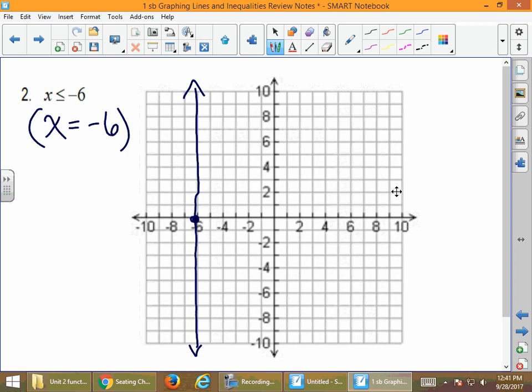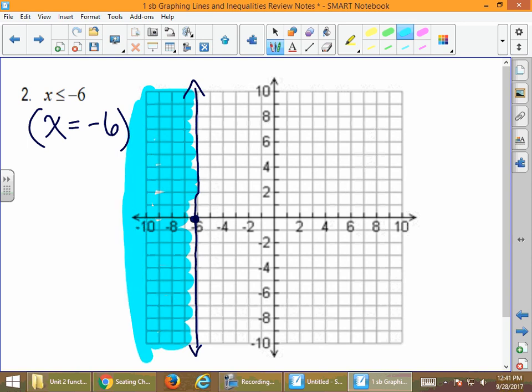And now that we've got that, we need to determine where to shade. Now again, sometimes on the vertical and the horizontal, people see it better than on the slanted lines. But I will show you, again, why. The part of the graph that gets shaded, and by the way, it doesn't just stop here, it keeps going. But roughly, and I know there's some white marks there, but that's that side of the line.